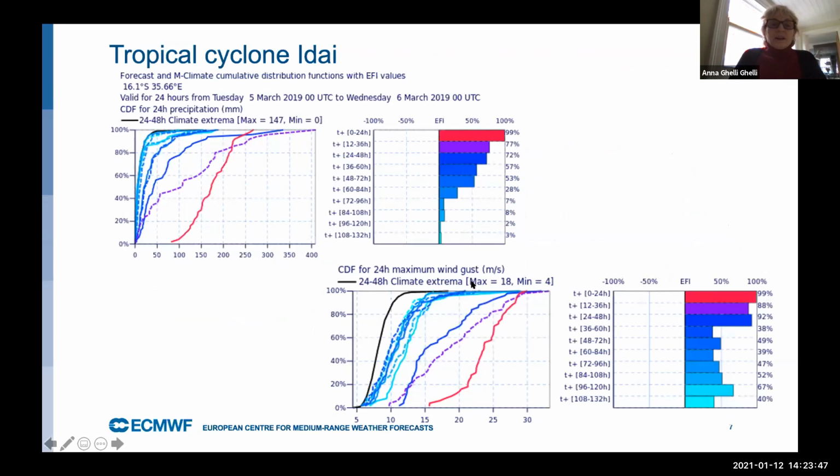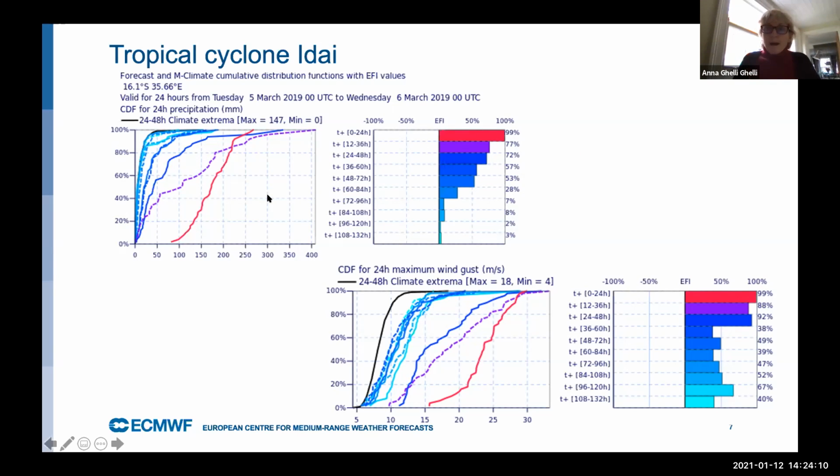And now this is an example of tropical cyclone Idai, which was about a couple of years ago. I plotted this one specifically to show a couple of things. One of them is again the breadth of values, the range of values, and the consistency.